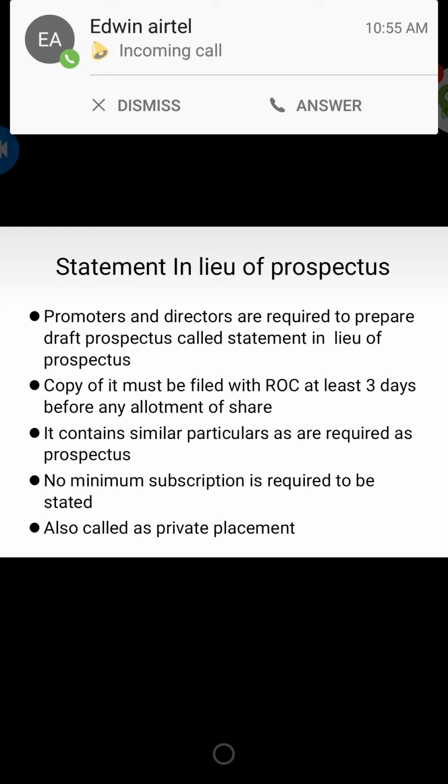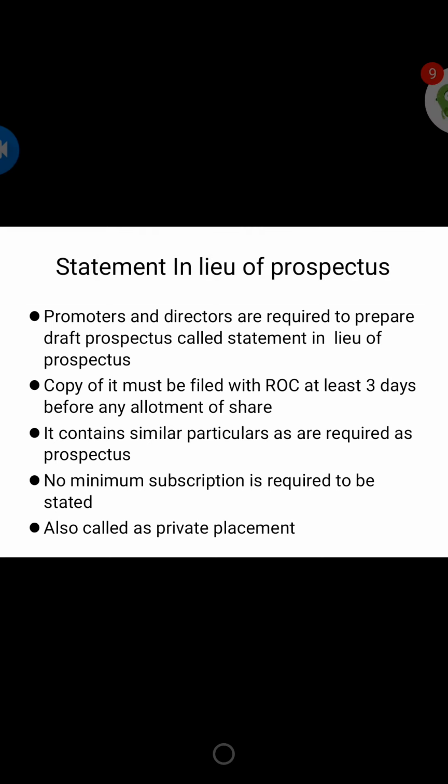It shall be signed by all the directors.